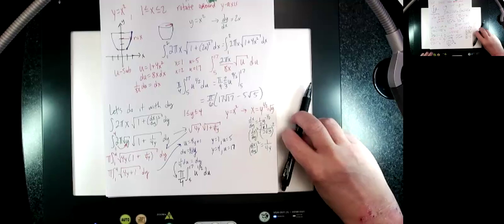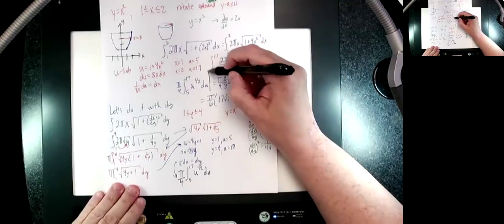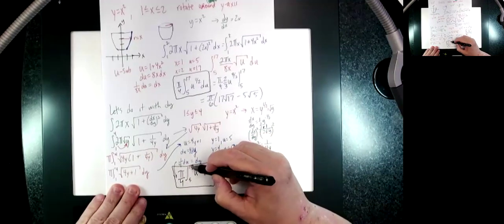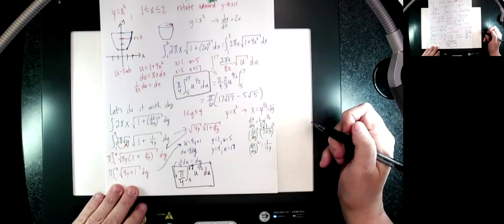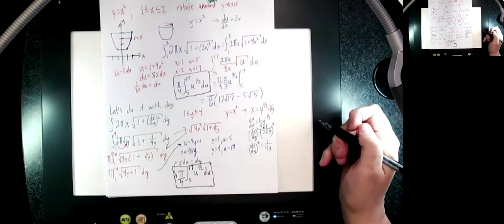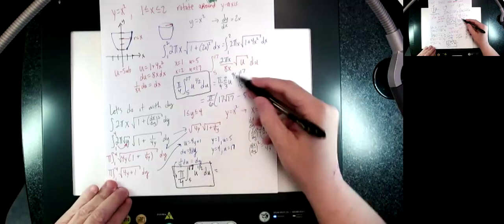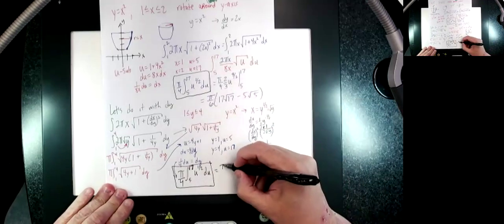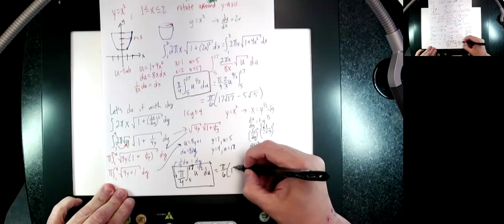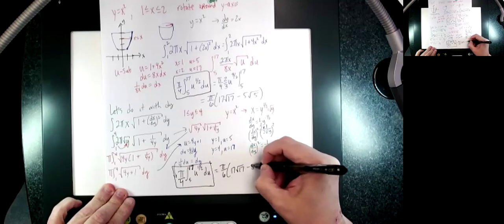And take a look at this. Ta-da! We can fast forward to that since we've already done the work. Pi over 6, 17 root 17 minus 5 root 5.